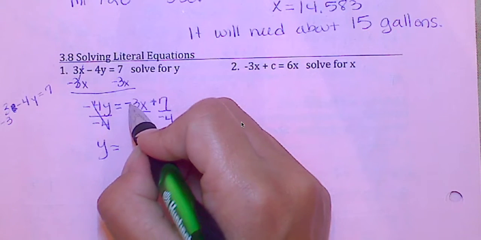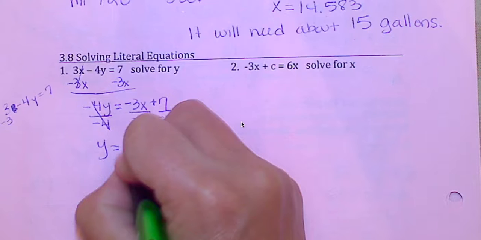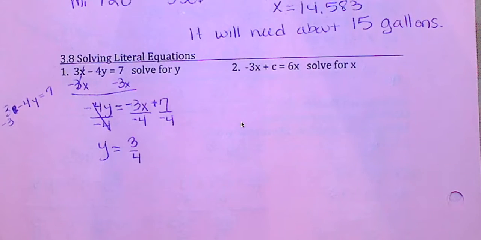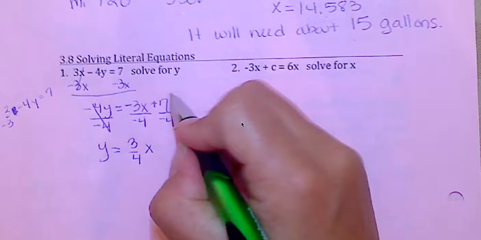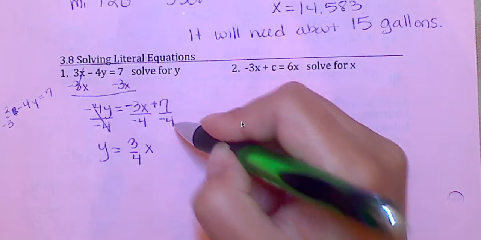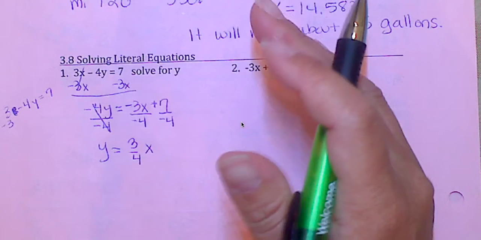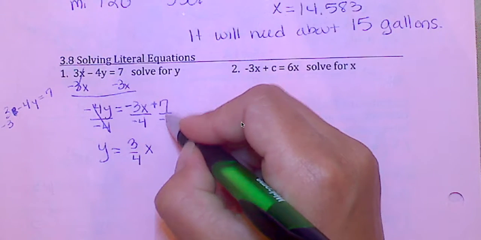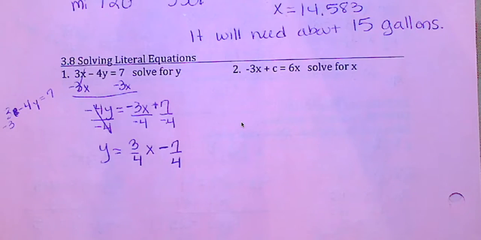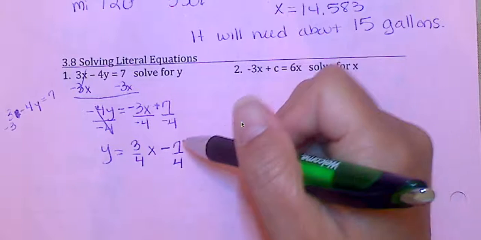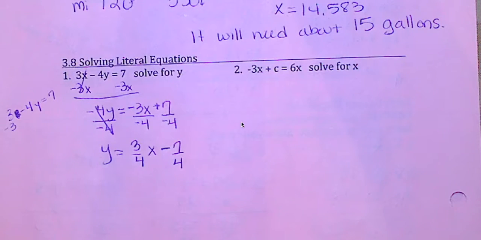But since it's a negative divided by a negative, we need to change it to a positive 3/4, and then we're going to bump the x behind the fraction. And then for this one, 7 divided by negative 4, I don't care if you leave that as a mixed number, that's fine, but a positive divided by a negative would be a negative. So we'll just leave that as minus 7/4.